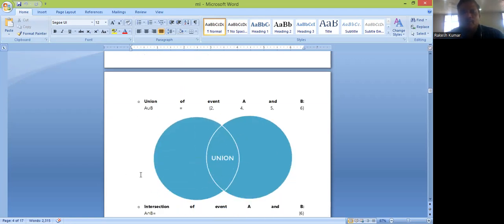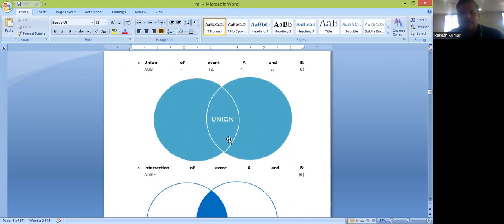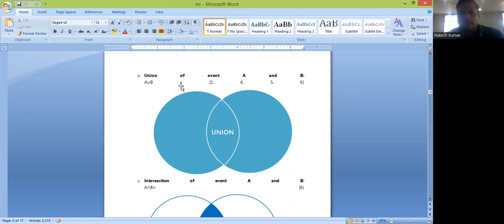Here we have the union. This is A and this is B. The union of events A and B, A union B, is 2, 4, 5, 6.